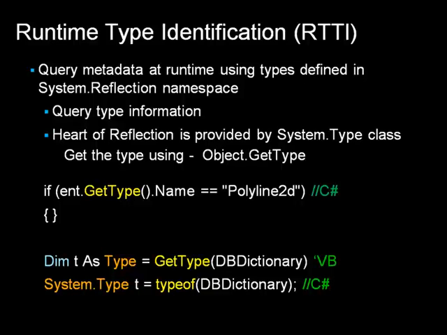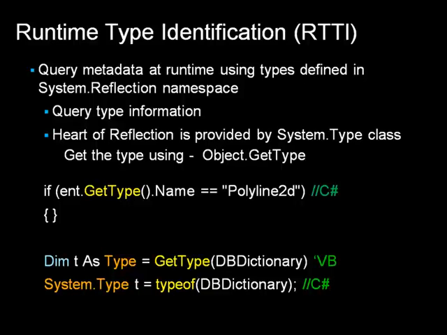The .NET API, through the System.Reflection namespace, allows you to query the metadata in a .NET module at runtime. It will also allow you to query type information for an object. The System.Type class is fundamental to runtime type identification. You use the GetType method of the object to get the type.